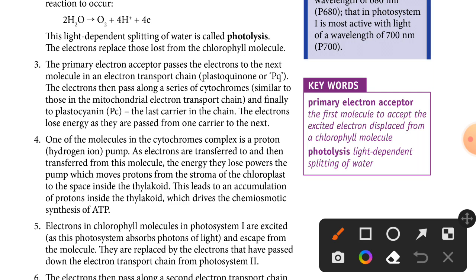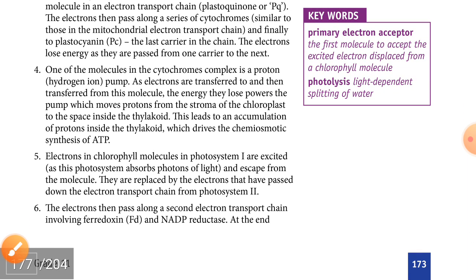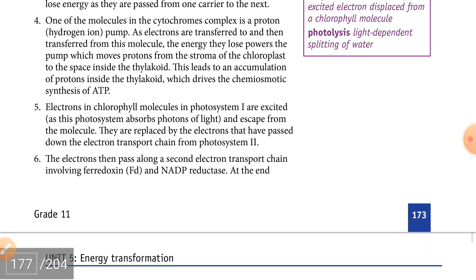Proton isan pump gochuudhaan stroma of the chloroplast keessaa gara thylakoid isa keessaatti maal godha? Pump godha jechuudha. This leads to an accumulation of protons inside the thylakoid, which drives the chemiosmotic synthesis of ATP. Chemiosmotic synthesis of ATP oomisha ATP irratti dhiibbaa uumaa jechuudha.